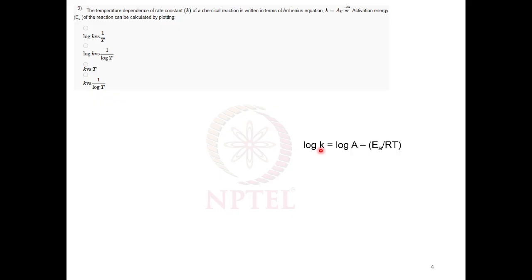If you plot log k versus 1 by T, then it will be a negative slope, right? That slope value gives the activation energy. So log k versus 1 by T, and your answer will be A. Here A is the answer.